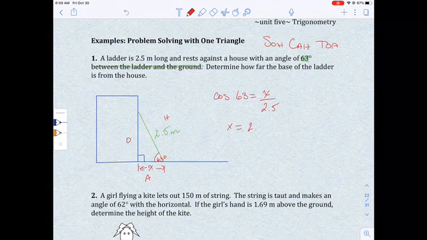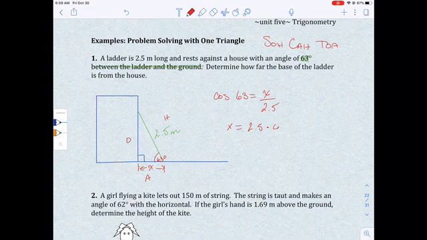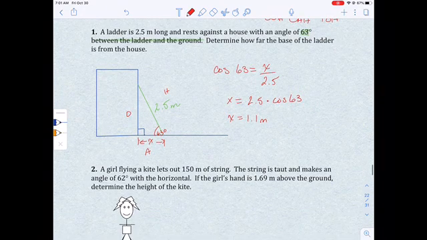So cos of 63 times 2.5 is equal to x. Our side length there would be 1.1 meters. It doesn't say here, but usually we round to the nearest tenth. So 1 and 1/10 of a meter, we'll say.